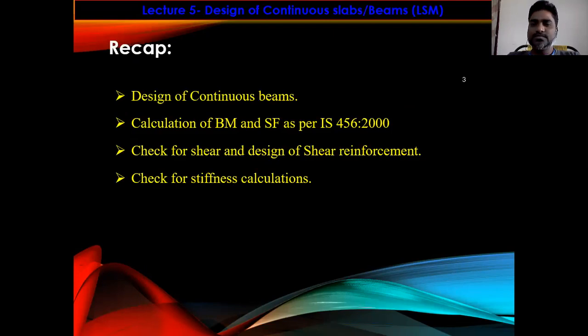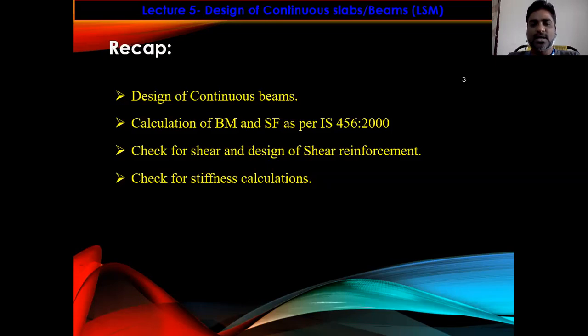Last class, we solved one design example problem, the design of a continuous beam. Based upon the given data, we assumed the dimensions and determined the shear force and bending moment coefficients, and we calculated the reinforcement as well as the shear reinforcement.